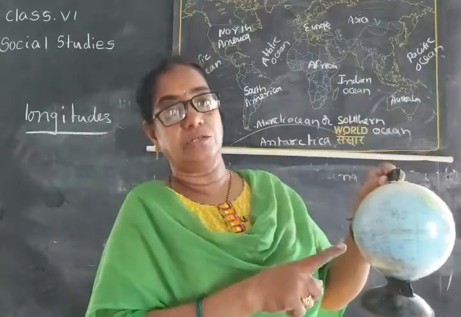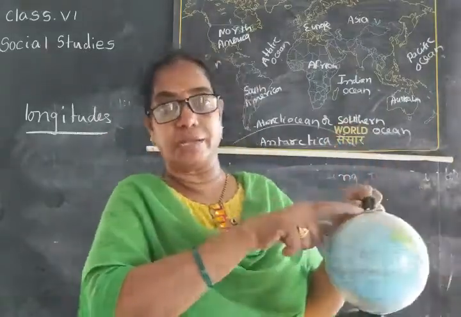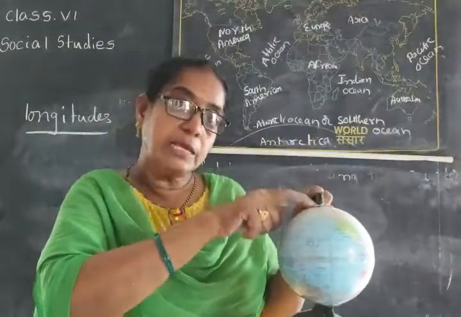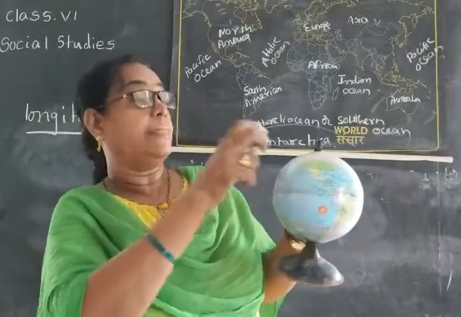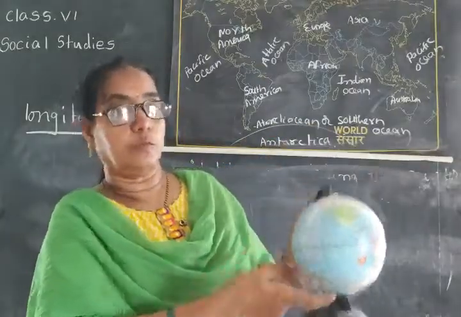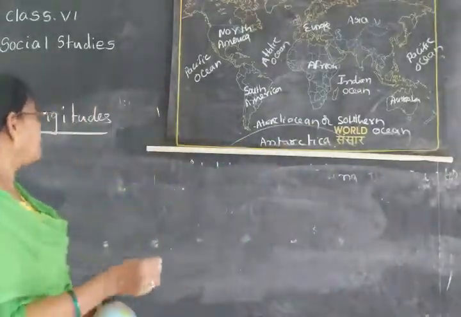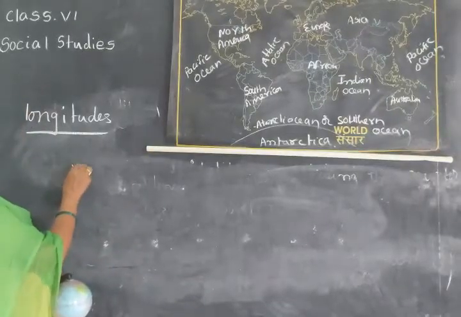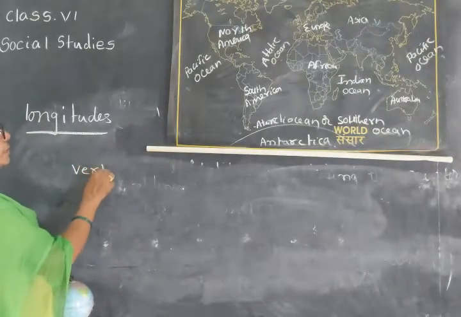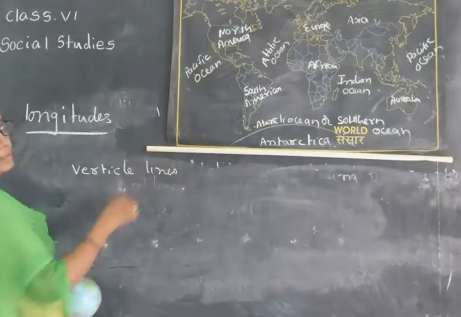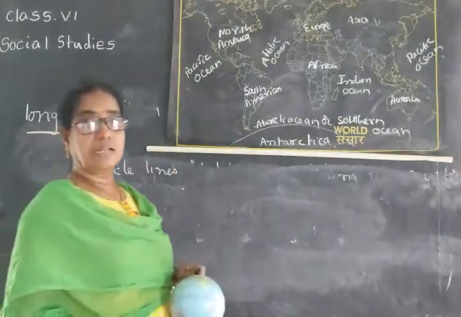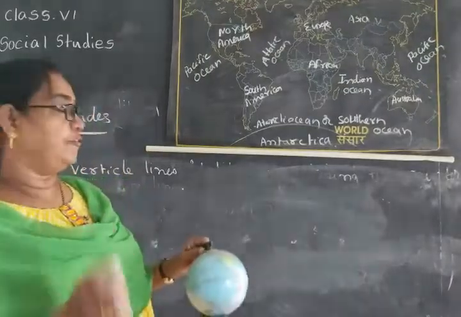They are vertical lines. Latitudes are horizontal lines, longitudes are vertical lines.